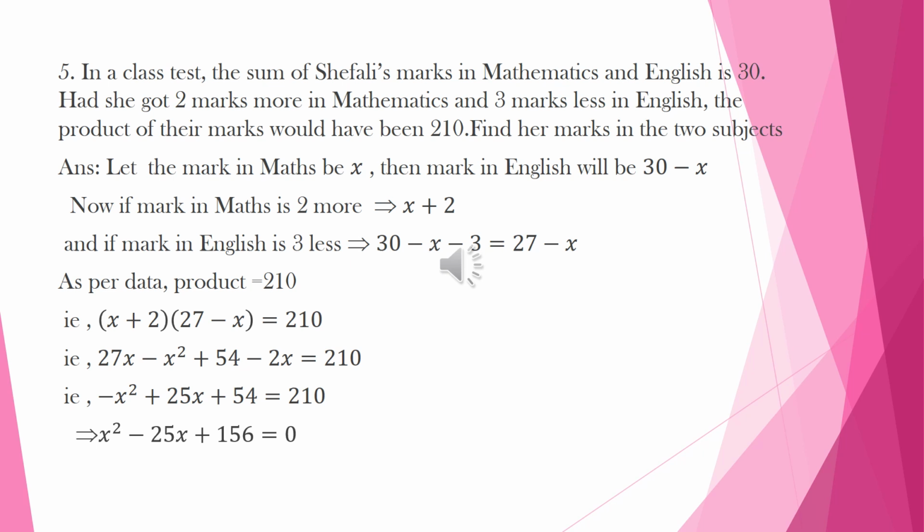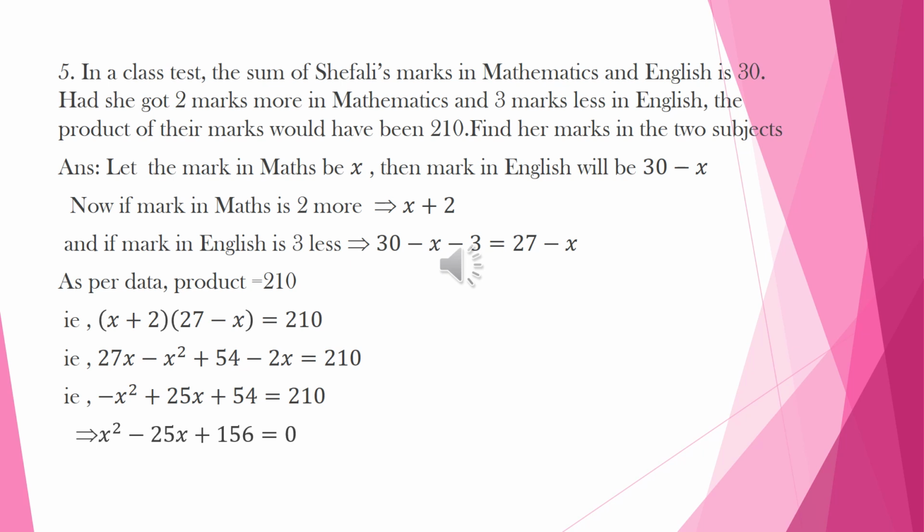Now, if the mark in maths is 2 more, we can write the mark is equal to x plus 2. So, the mark in English will be 3 less, which is 30 minus x minus 3 equal to 27 minus x. Now, the data is given as the product of their marks is equal to 210. That is x plus 2 into 27 minus x equal to 210.